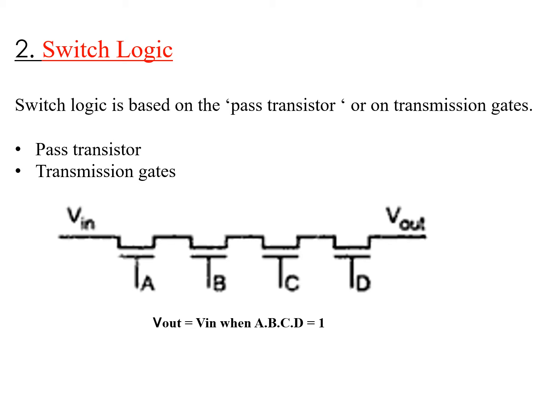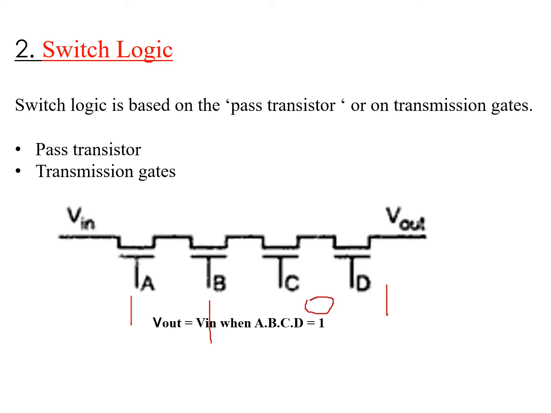To understand this, let us take an example here. Now let us assume that A is 1, B is 1, C is 0, D is 1.